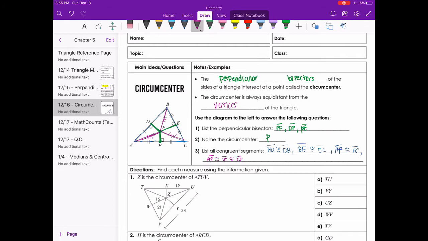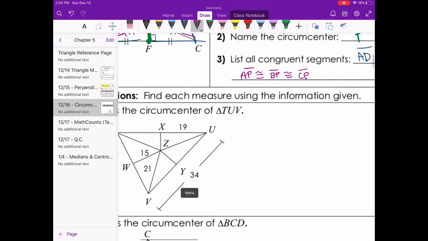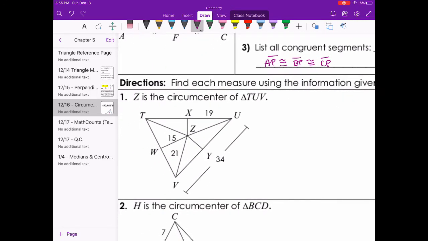All right. So essentially what this creates is a bunch of right triangles. Looking at number 1, since this point right here is the perpendicular bisector, I know this is a right angle and this is a right angle. Same thing here and here.